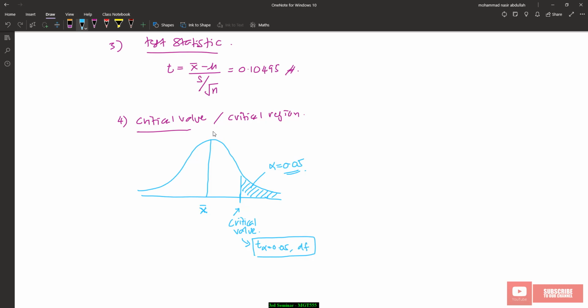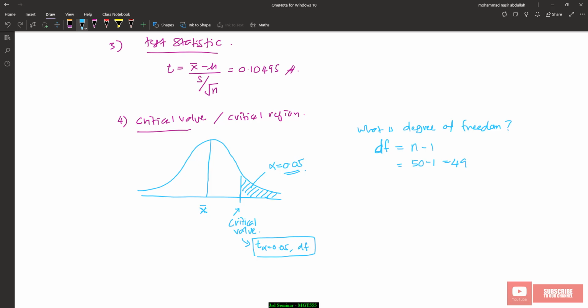The formula is t alpha 0.05 with the degree of freedom. So what is degree of freedom? The notation is df equal to n minus 1. So in our example, n is equal to 50, minus 1 equals 49.